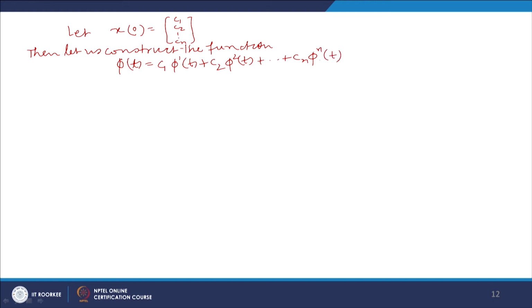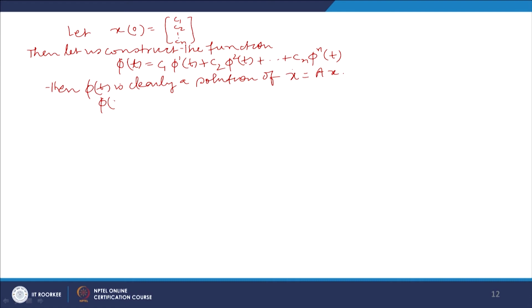Now, since phi 1 t, phi 2 t and so on phi n t are solutions of x dot equal to Ax, their linear combination C1 phi 1 t plus C2 phi 2 t and so on Cn phi n t will also be a solution of the vector differential equation x dot equal to Ax. So, phi t is clearly a solution of x dot equal to Ax.